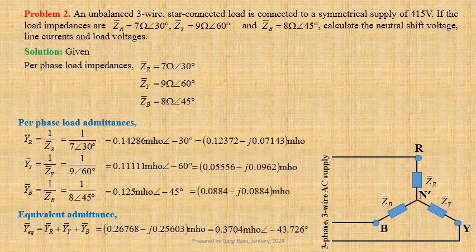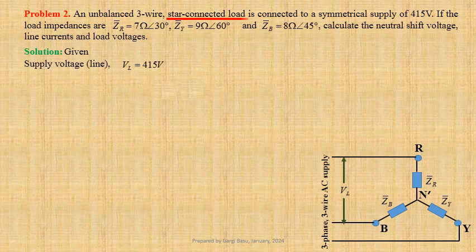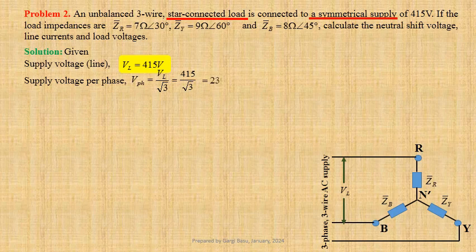Given line-to-line supply voltage VL equals 415 volts. When a star-connected load is supplied by a symmetrical three-phase AC source, supply voltage per phase V phase equals VL by root 3, that is equal to 415 divided by root 3, that gives us 239.6 volt.